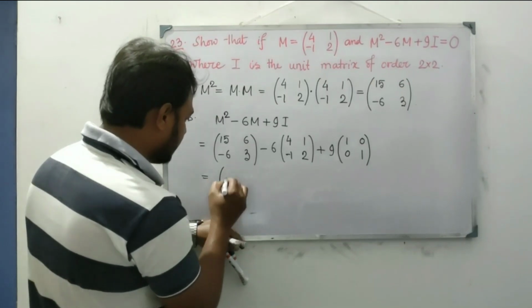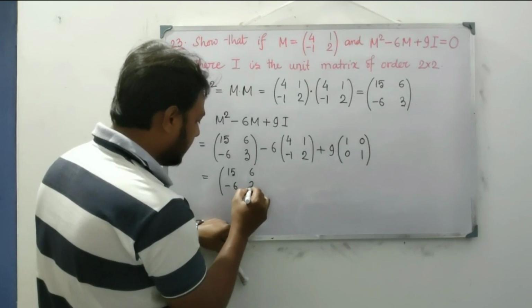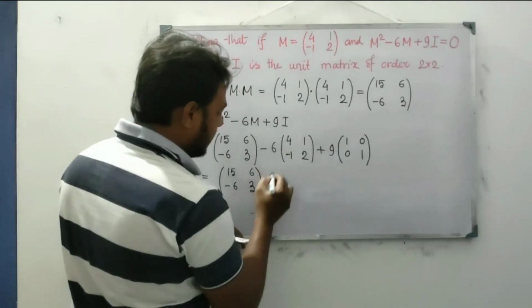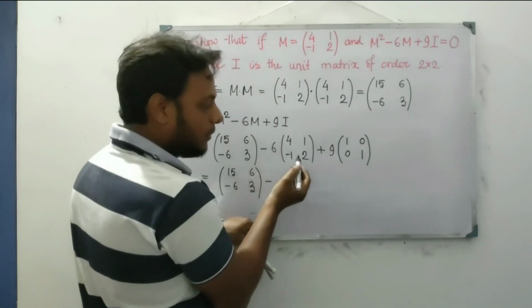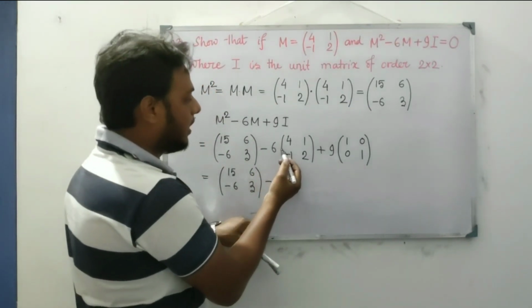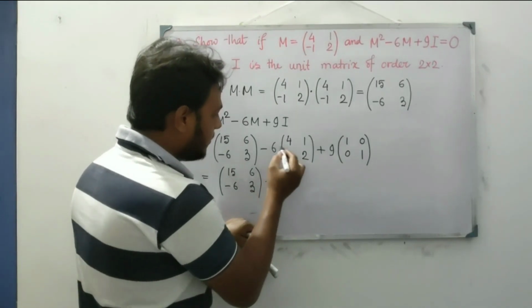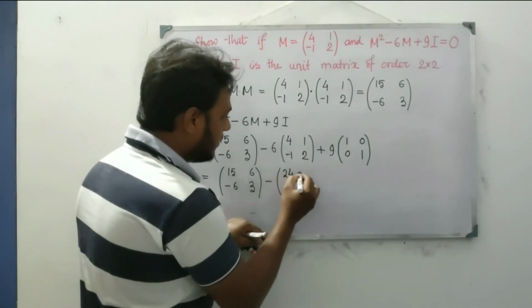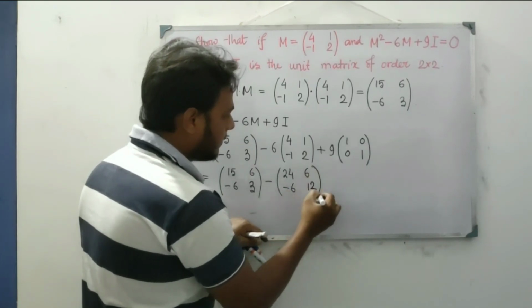Now, this is 15, 6, minus 6, 3. Now multiply with 6, then it will be 24, 6, minus 6, 12. Since 6 is a scalar multiplication, we have to multiply with each and every entry.